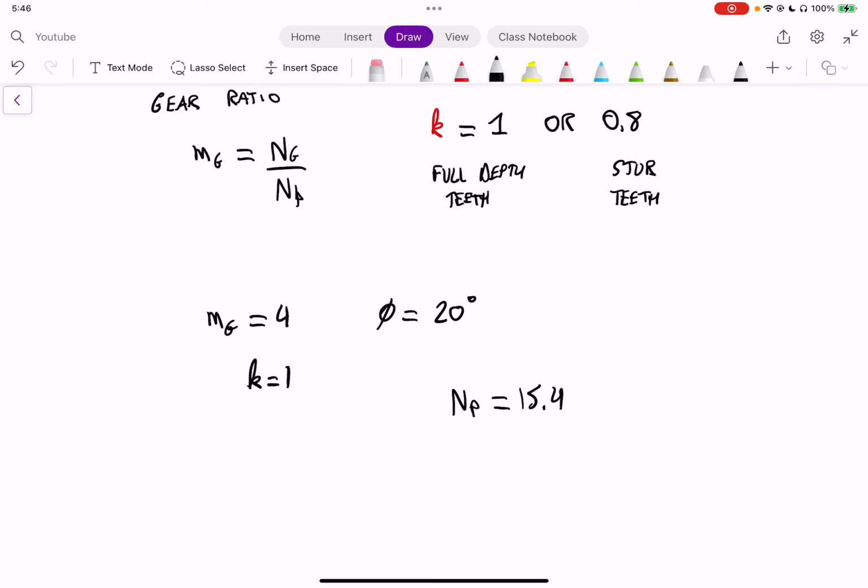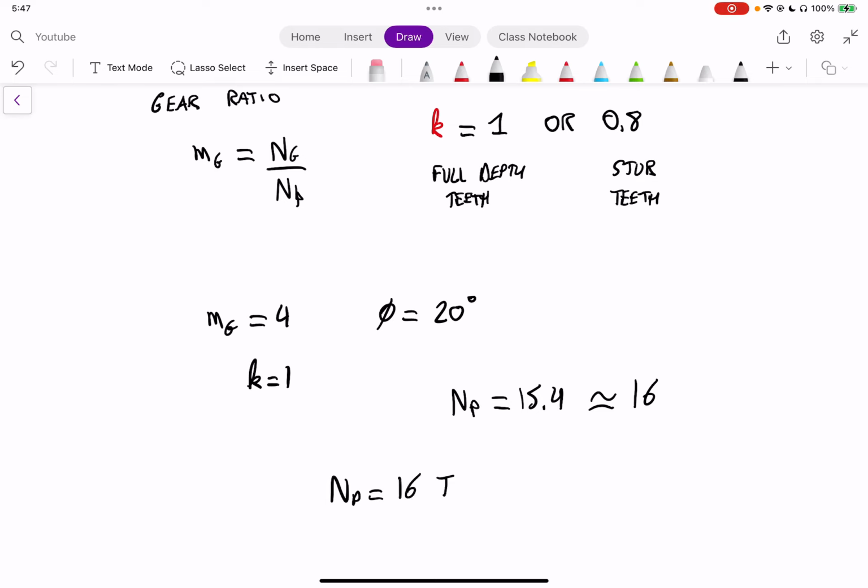Because it's 15.4, we need to go higher than that. We need at least 16 teeth. We can't go to 15 teeth and round down. We always have to round up. So our system, if we wanted to avoid interference, would need an Np of 16 teeth.